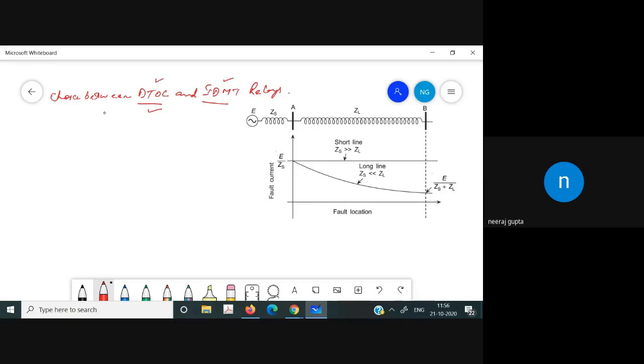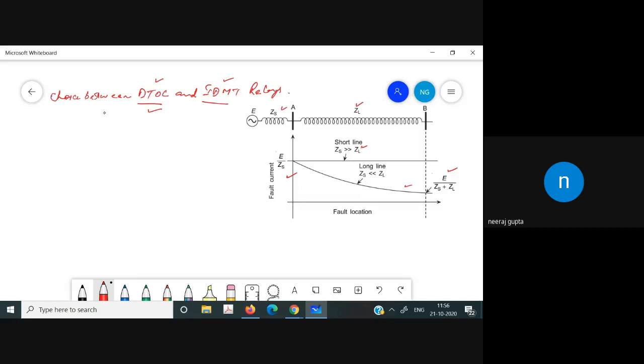Now, let us consider the system that we discussed in the previous lecture also. As we are moving towards the source, ZL, that is the line impedance, is decreasing, and as a result, the fault current will increase, because the fault current is equal to E divided by Zs plus ZL.